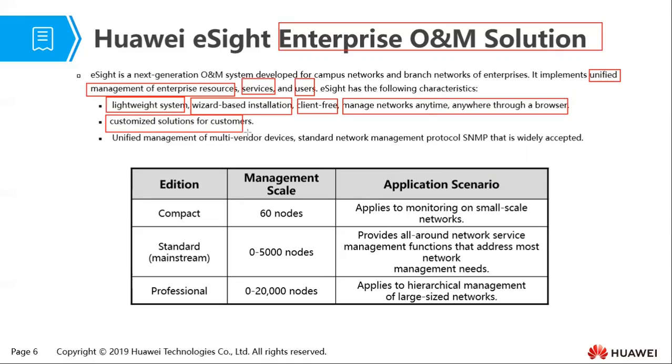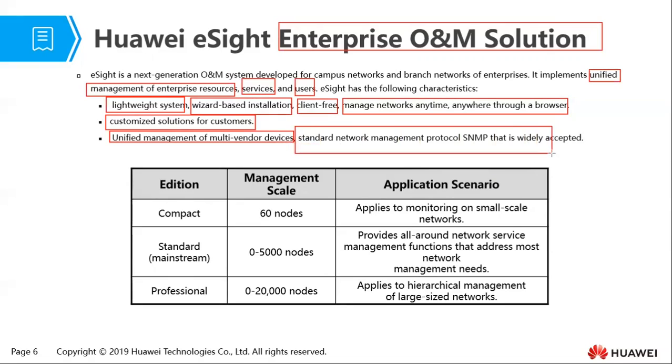So it also has customization features, and it supports multi-vendor devices using the standard network management protocol, SNMP. So all vendor devices support SNMP. So that's how eSight is able to manage other vendors' devices, because this is a standard, widely accepted, widely used.